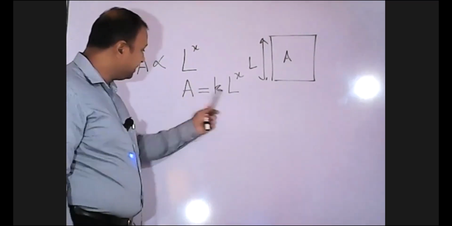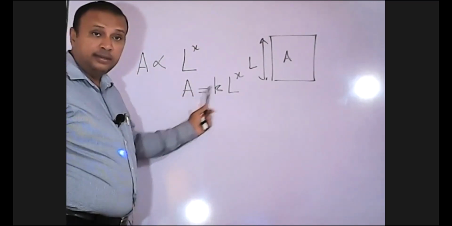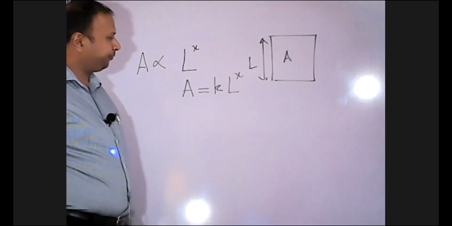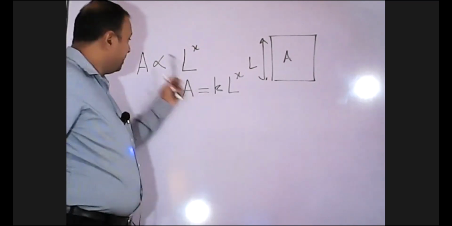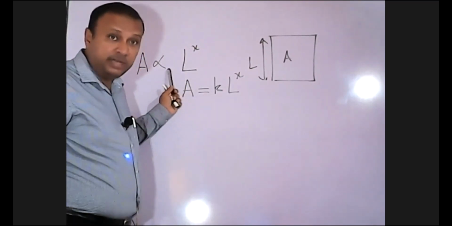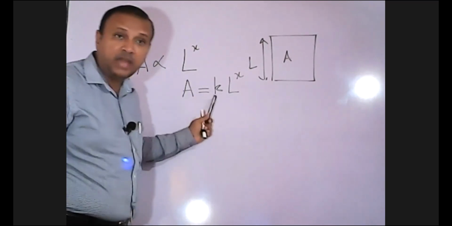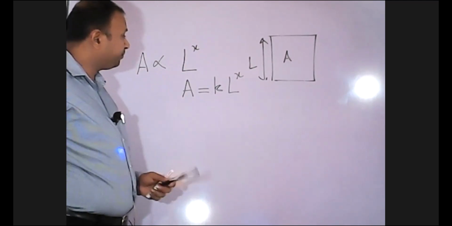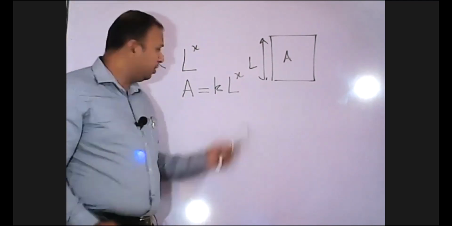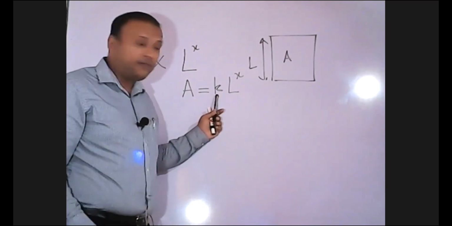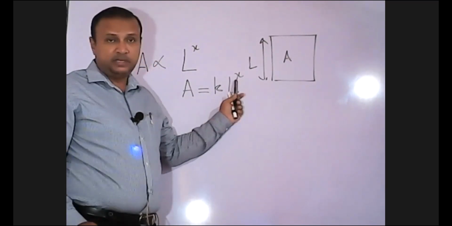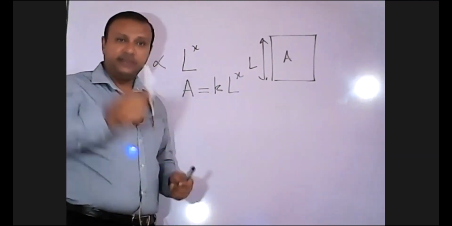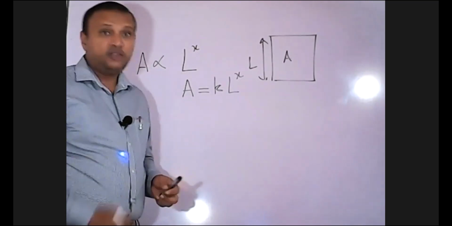So I can write it as A equals constant times L to the power x. So I have assumed a relationship, and from that relationship I have built an equation. So if I know the value of K and the value of x, definitely we can get an equation.